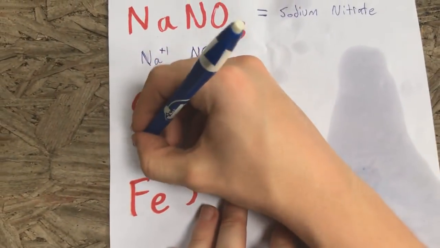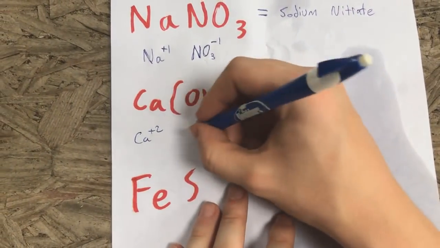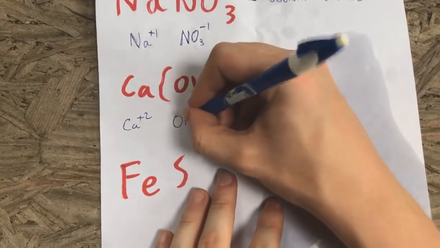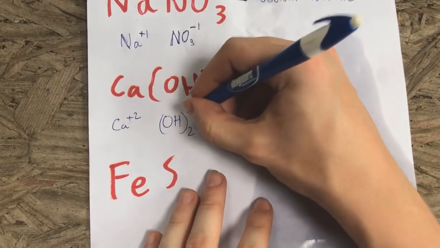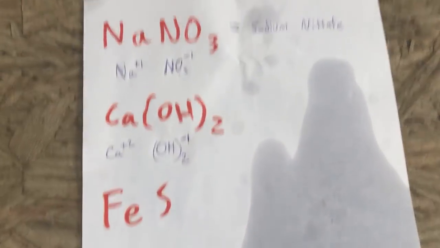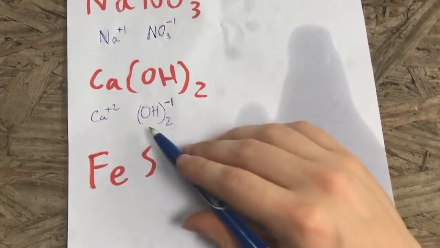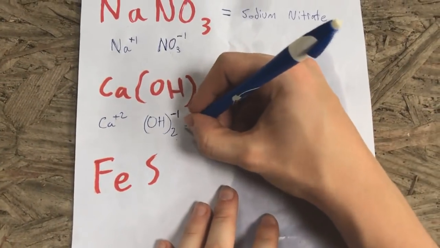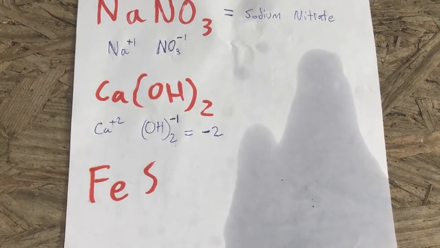We've got a Ca, which is +2. And then you have two OHs, each of which has a -1 charge. But the thing to realize is that because we have two of these OHs, that means that the whole negative charge is -2.